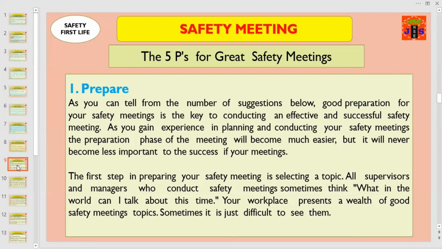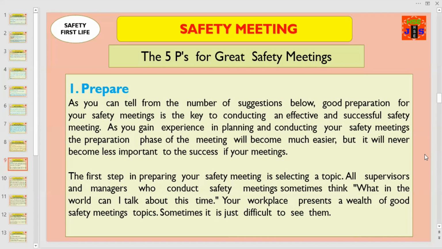As you gain experience in planning and conducting your safety meetings, the preparation phase will become much easier. But it will never become less important to the success of your safety meetings.